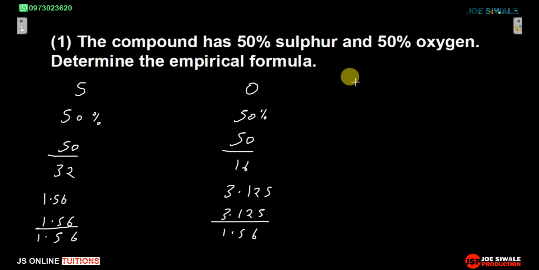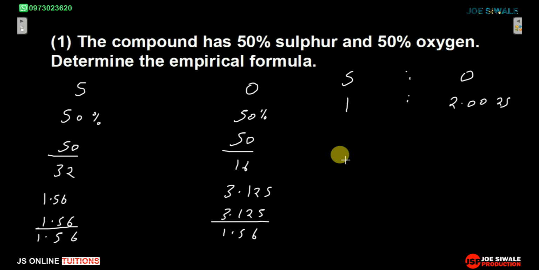So we're going to have sulfur there and oxygen. When we find our answers, for sulfur we're going to have 1. Then for oxygen we're going to have 2.0025. So this is our ratio.